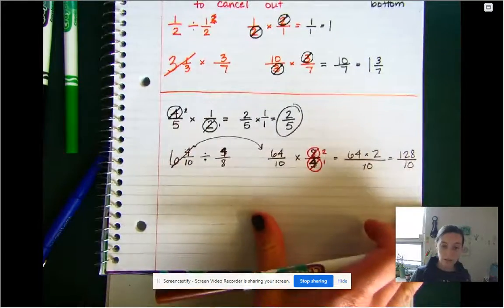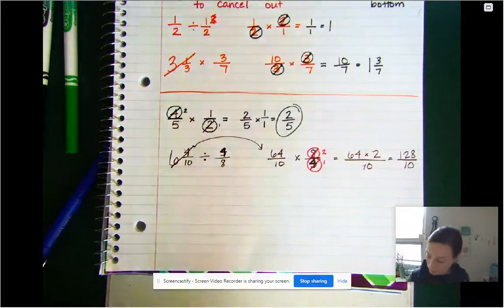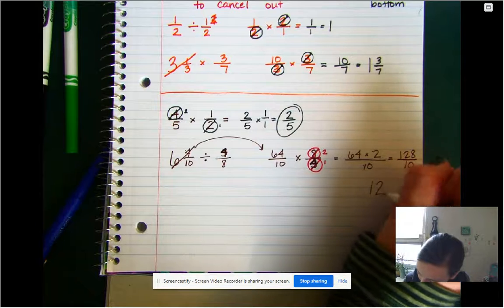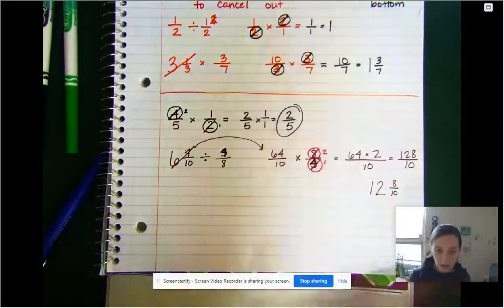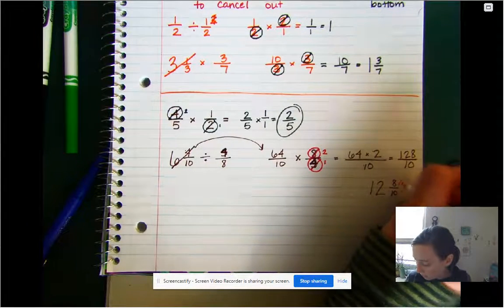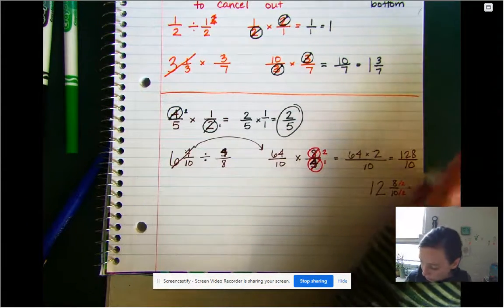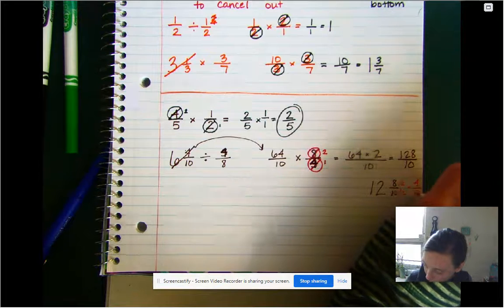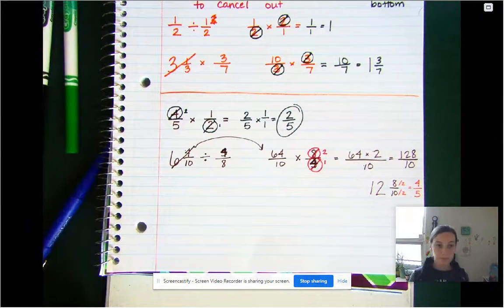I turn that into a mixed number. I can make 12 wholes, and I have 8/10 left over. And now I do still have a little bit of simplifying to do because these both have a common factor of 2. So it would be 12 and 4/5.